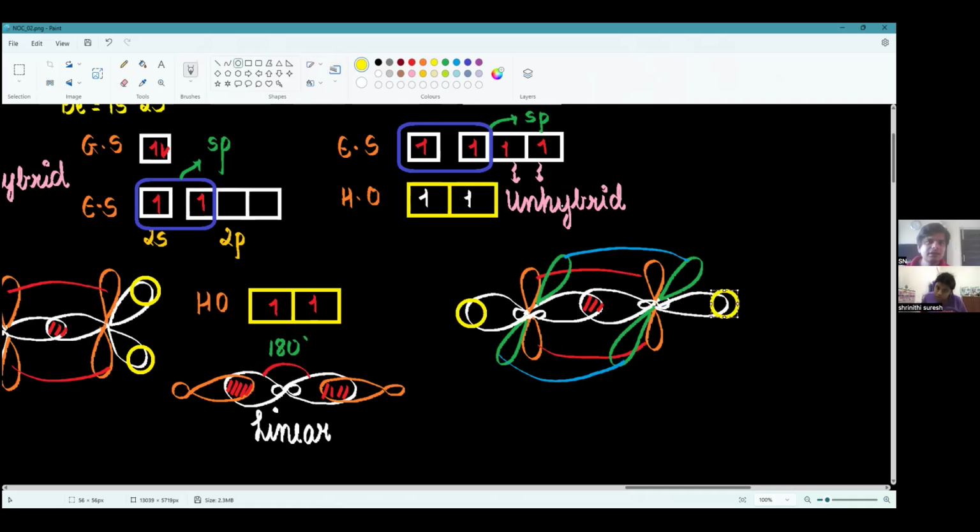Here there will be a sigma bond, because an s orbital always forms a sigma bond. So the geometry over here is linear. The bond angle for a linear geometry is always 180 degrees.